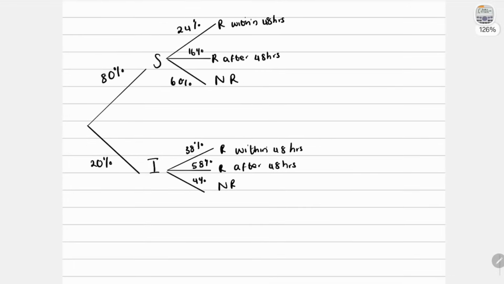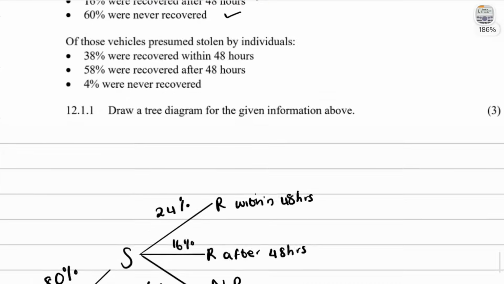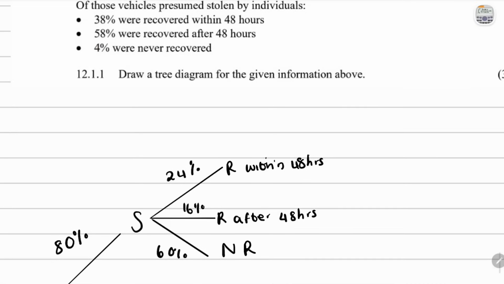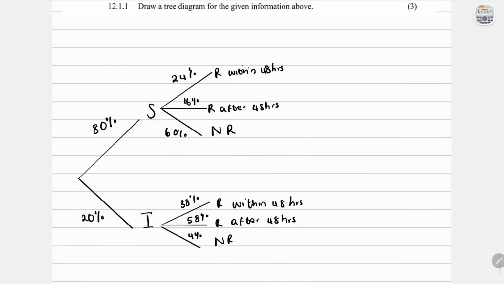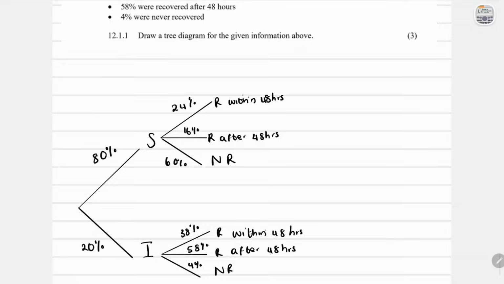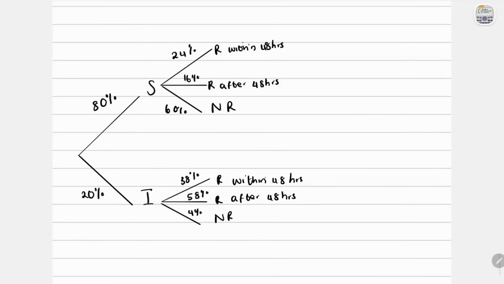And yeah, that's what our tree diagram looks like. They don't really ask for any outcomes. If they wanted outcomes, they would have said draw tree diagrams with the outcomes. But they didn't ask for that, so we can leave it like that. It has the two branches for syndicates and individuals, and also the three branches in each. Okay, so that is it for the first question in question 12. Moving on to the next question.